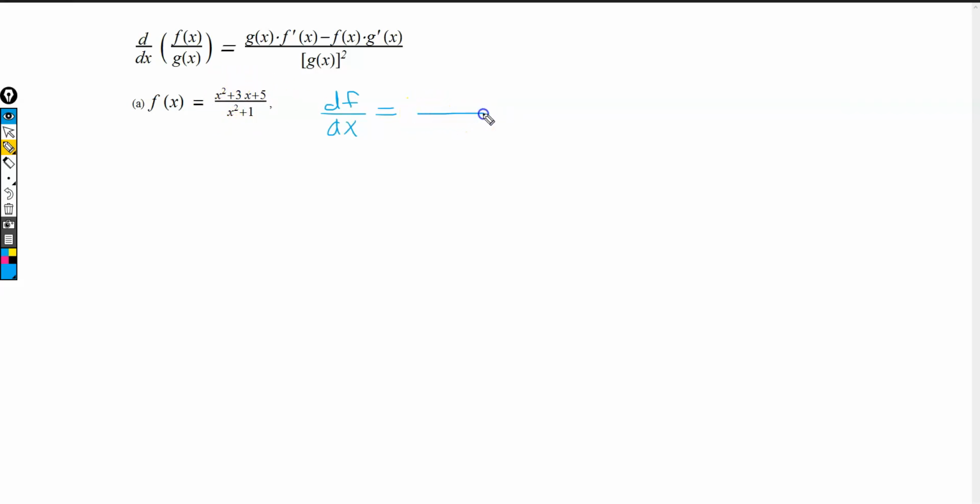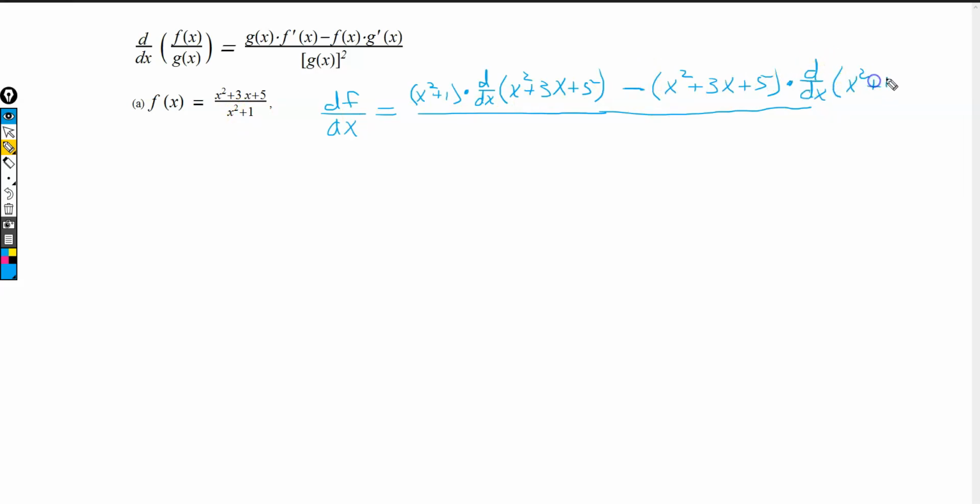That's going to be in the numerator of our fraction. And then minus the top term times the derivative of the bottom. And then we have to divide by the bottom term squared.